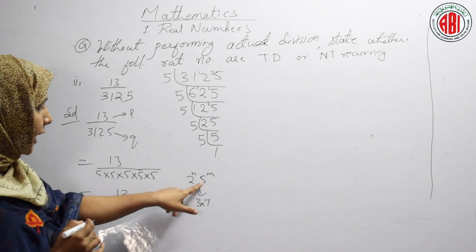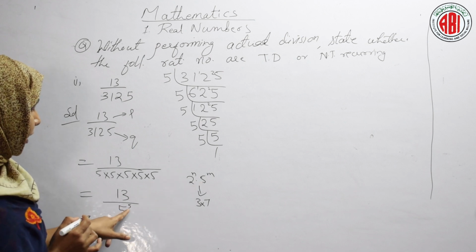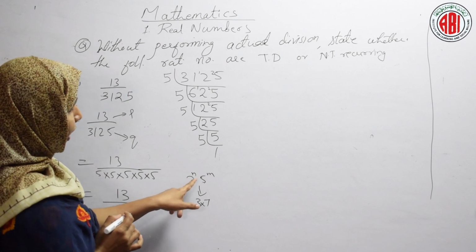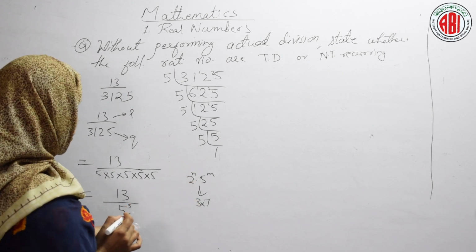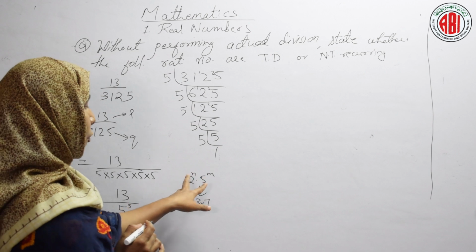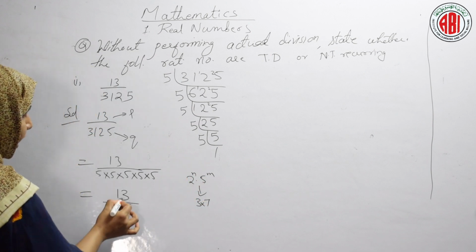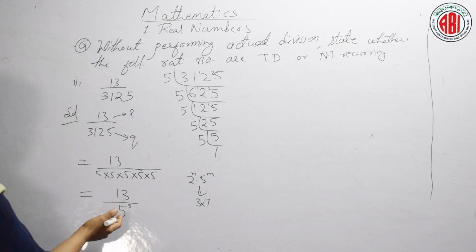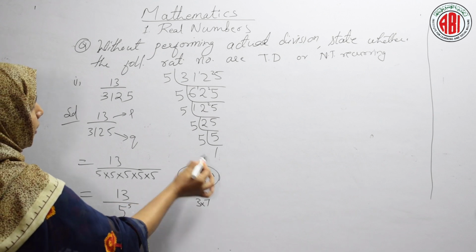Since we are getting here 5 to the power 5, that is 5 to the power m, and between 2 and 5 at least one should be there, without actual division we can say 13 by 5 power 5 is a terminating decimal, just looking at this form.